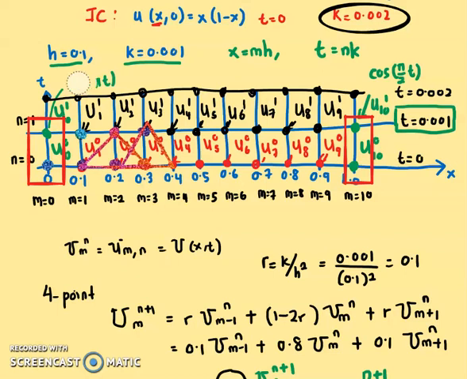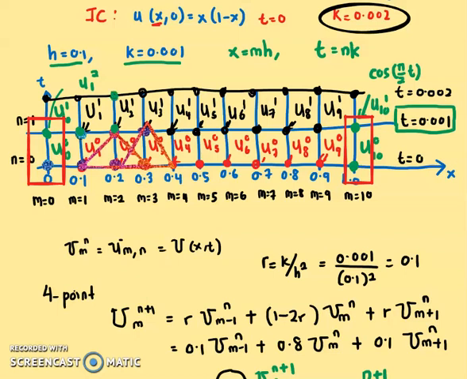So this point here will be u12. To find u12, we use u01, u11, and u21. So 0.1 times this, 0.8 times this, and 0.1 times this.